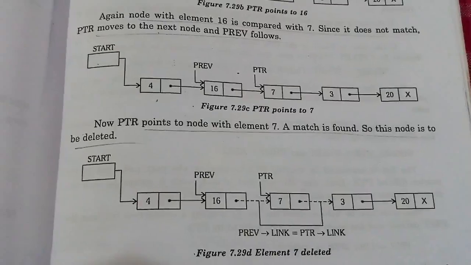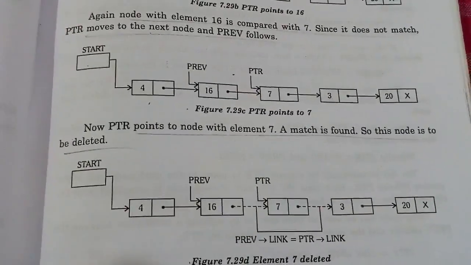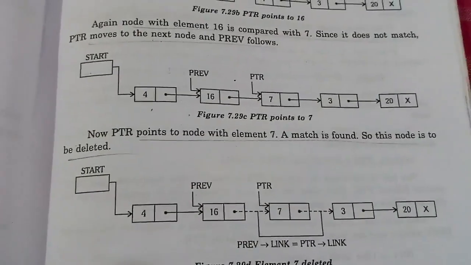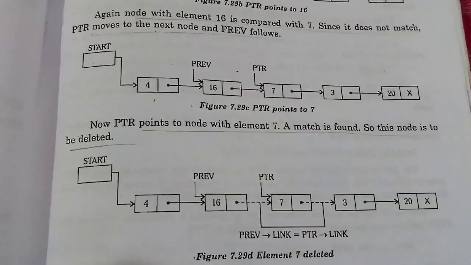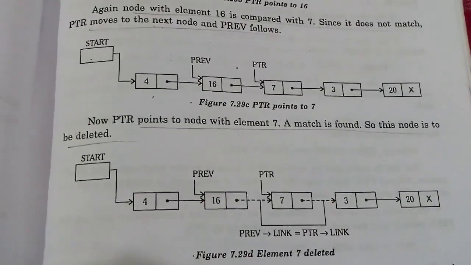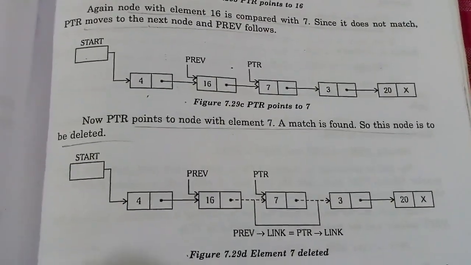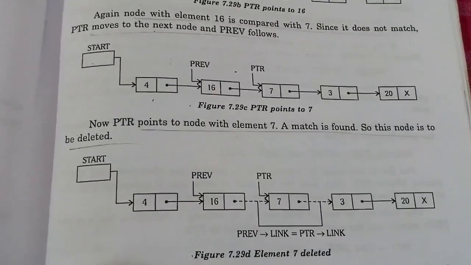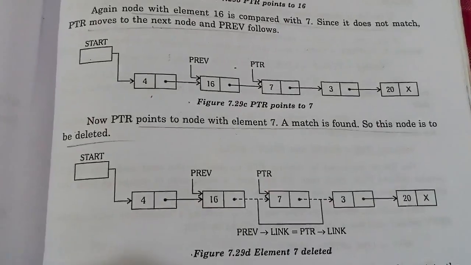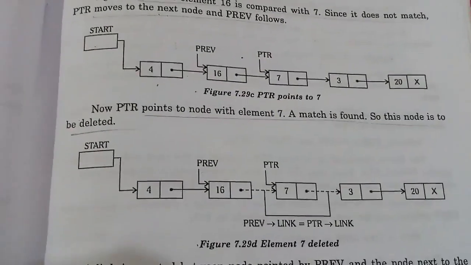So this is the concept of deleting a node when the item is specified. Here you are going to compare each and every element of the node with the item. When the match is found, then you are going to delete that particular current pointer. Then the node pointed by the ptr is freed.